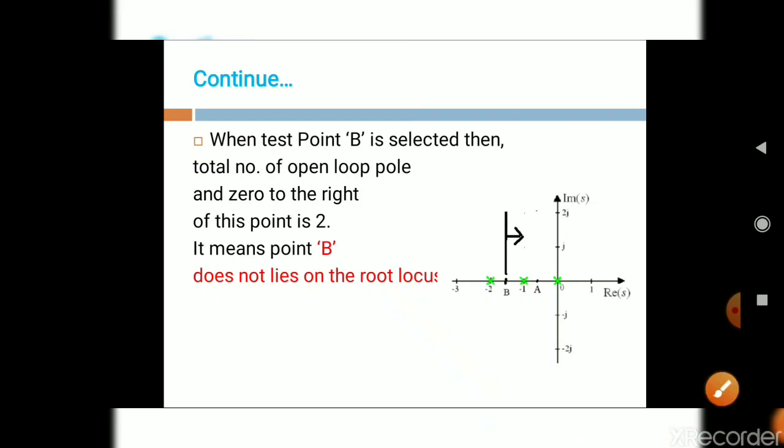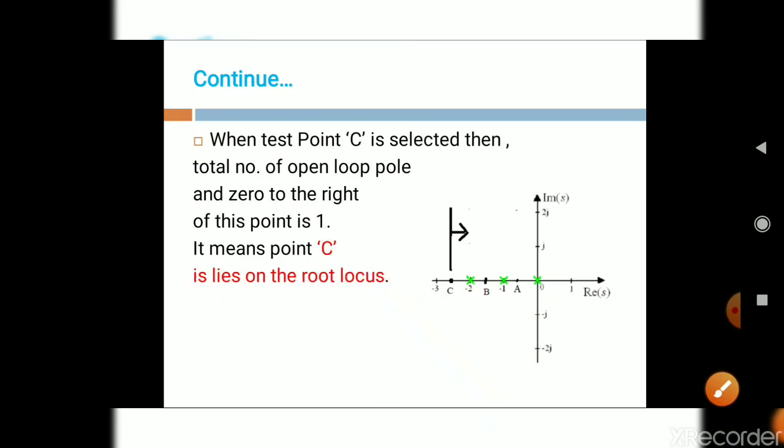Now again I will check the next point. Let's consider a point C which is present between -2 and -3, and it may be located anywhere on the real axis: -2.2, -2.4, likewise.